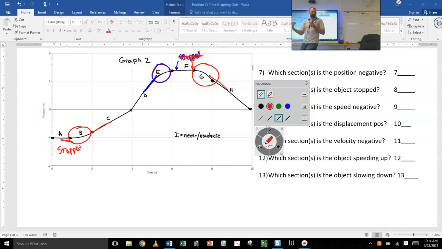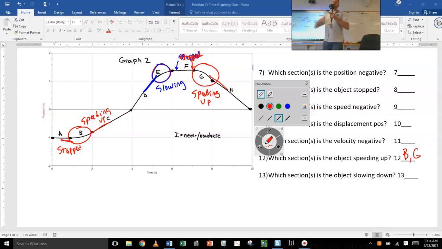That's speeding up. G is speeding up. What sections are we speeding up? B and G.